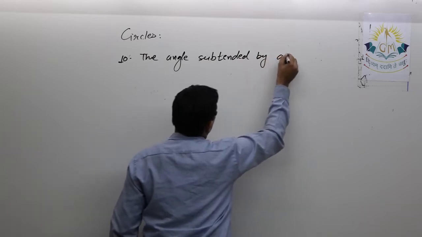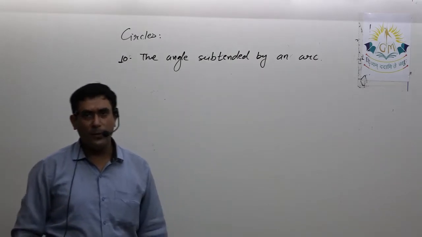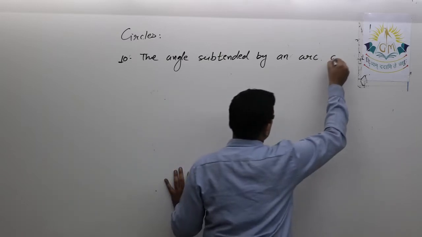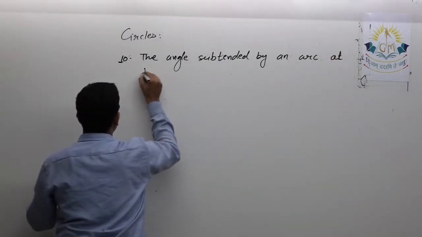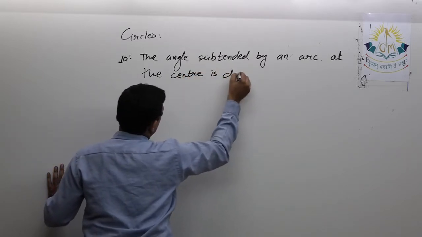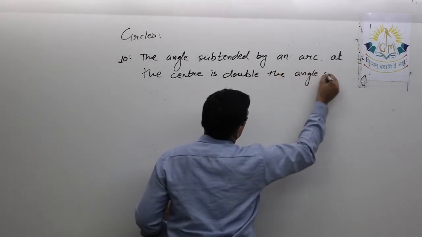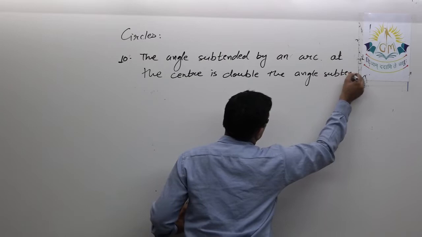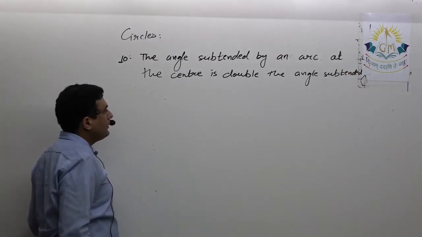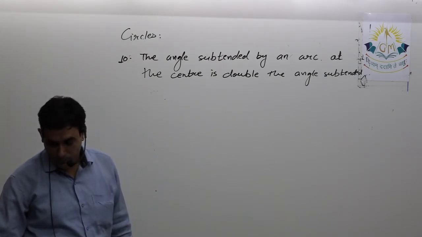the angle subtended by an arc, or if I say by a chord, it's the same thing, at the center is double the angle subtended by the same arc at the remaining part of the circle.